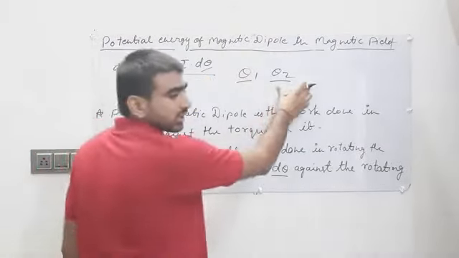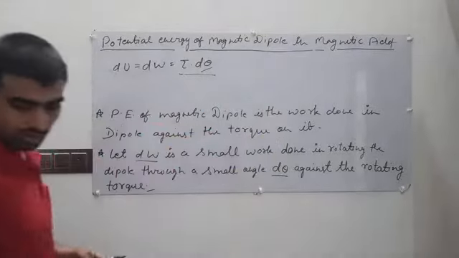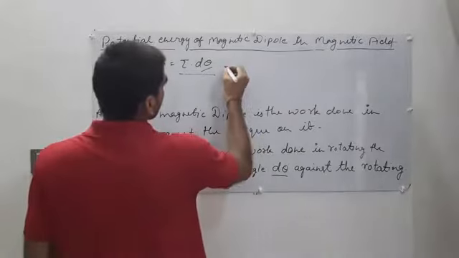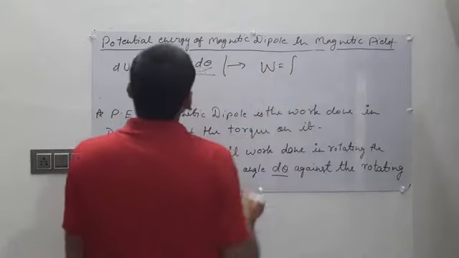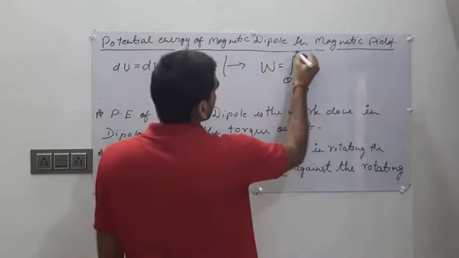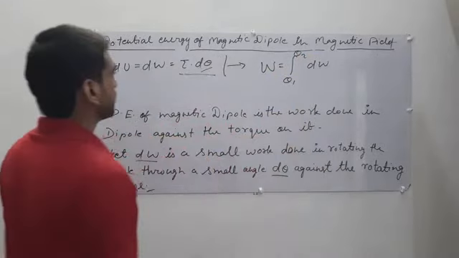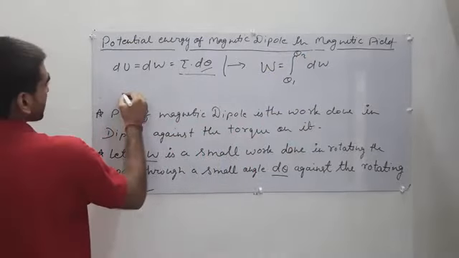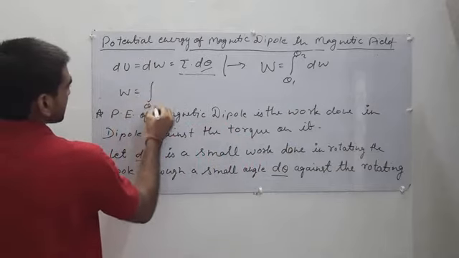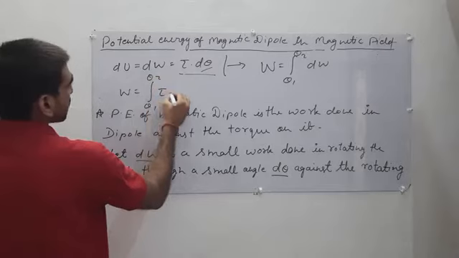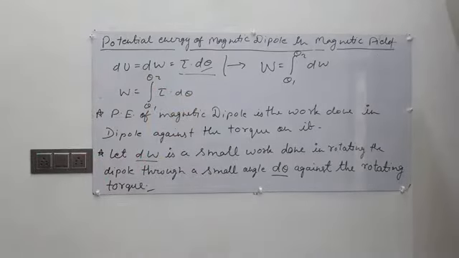That means W equals the integral from theta 1 to theta 2 of dW. It can also be written as W equals the integral from theta 1 to theta 2 of tau into d theta.